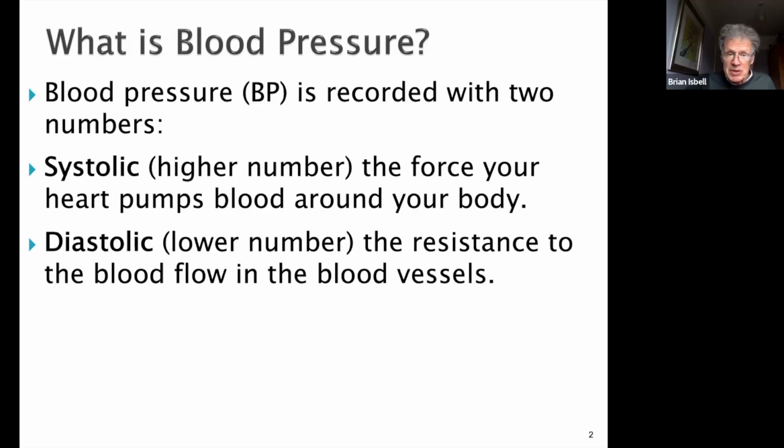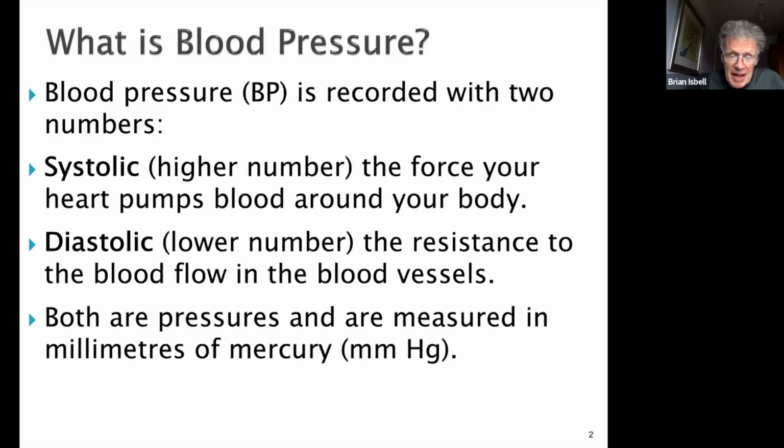So we've got two numbers. Now, these two numbers are in fact pressures, and they represent slightly different things: one to pump the blood around the body, and the other, the blood flow through the vessels, the resistance.